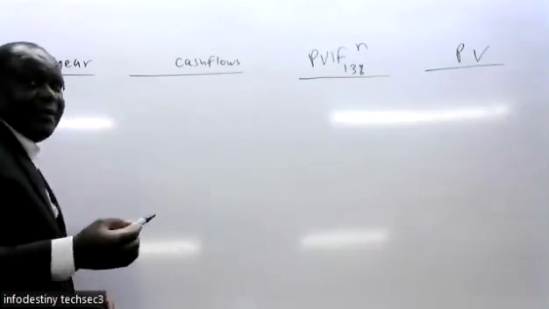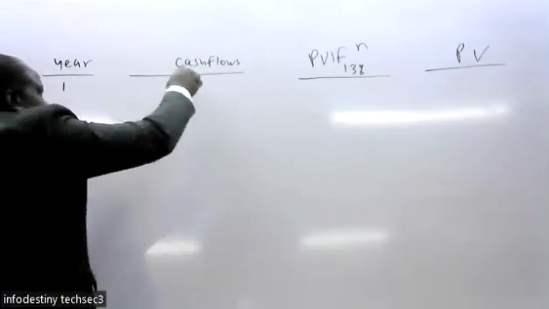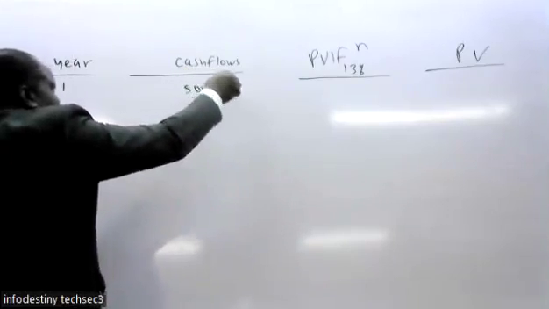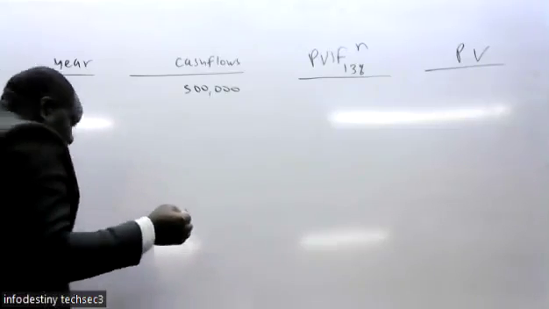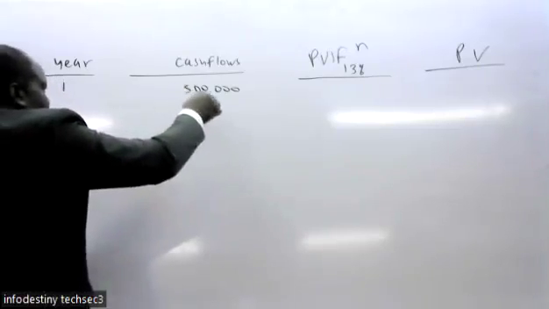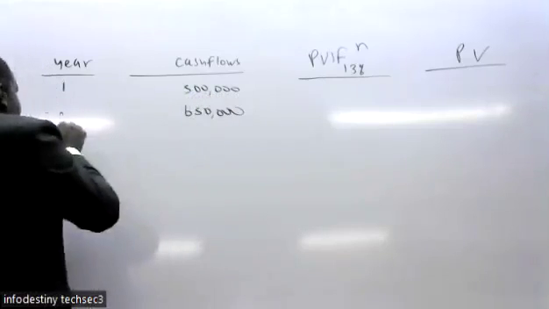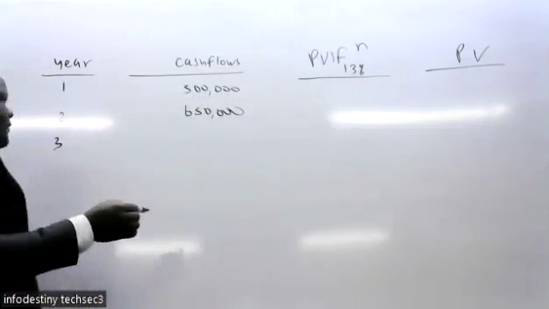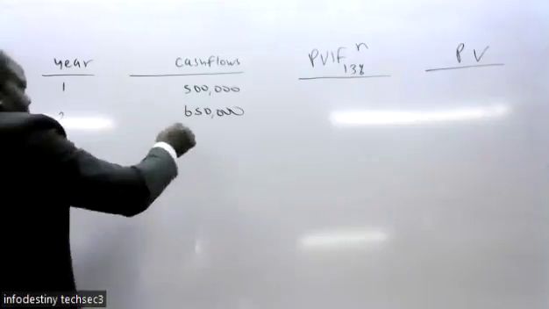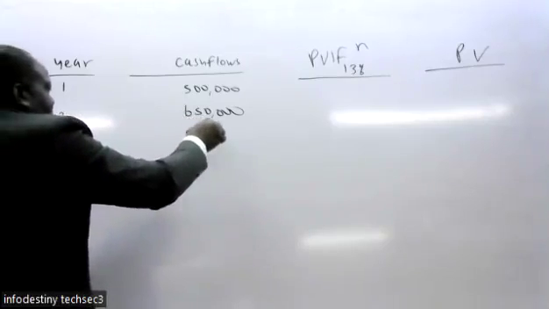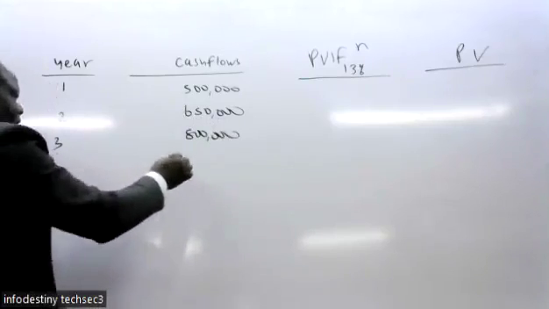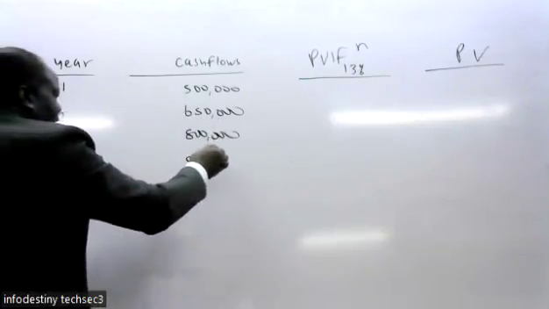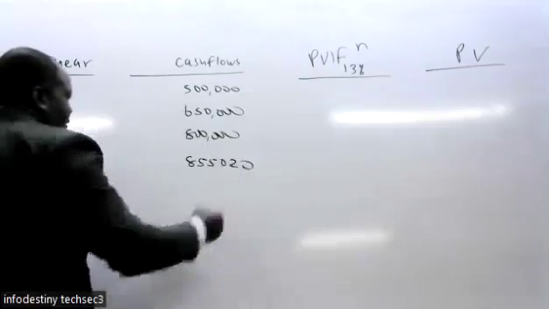So year one, we got 500,000. Year two, we got 650,000. Year three, we got 800,000. Year four, 855,020.